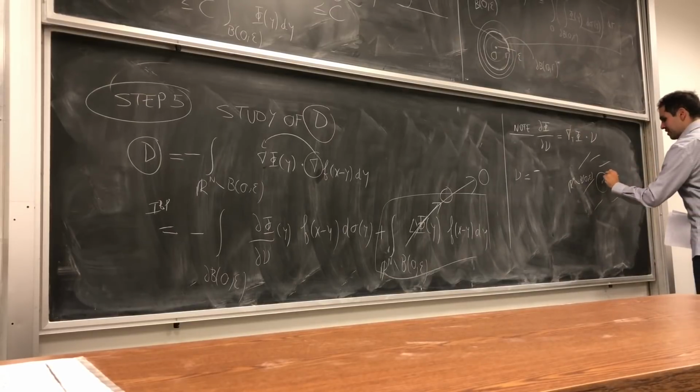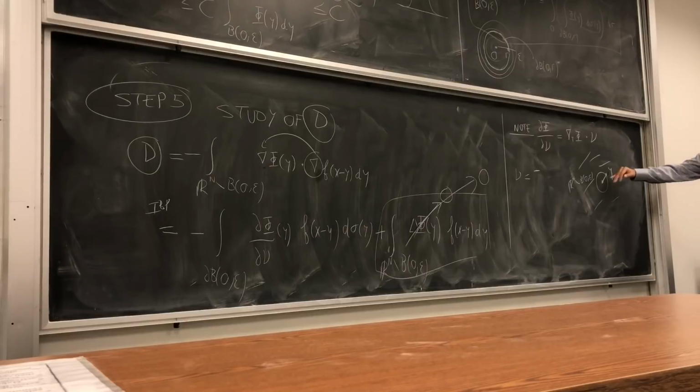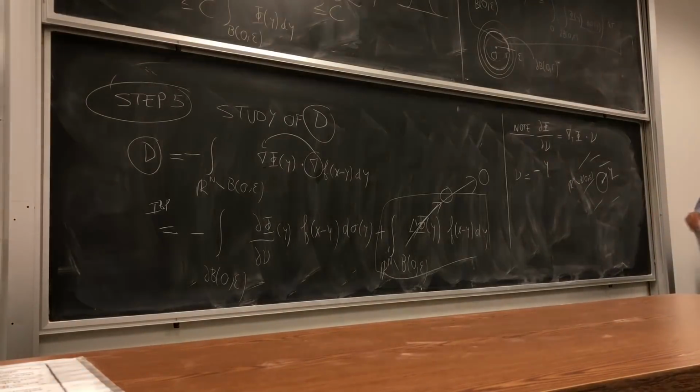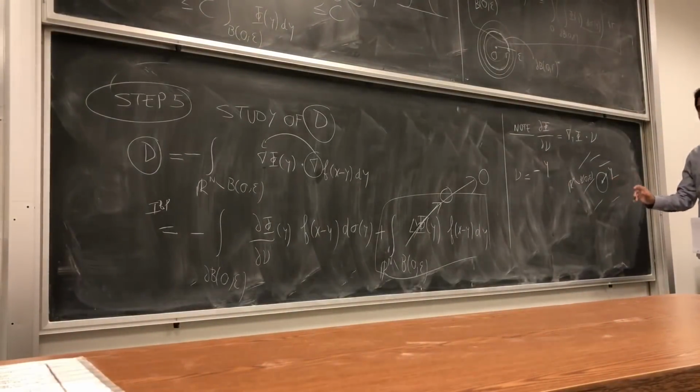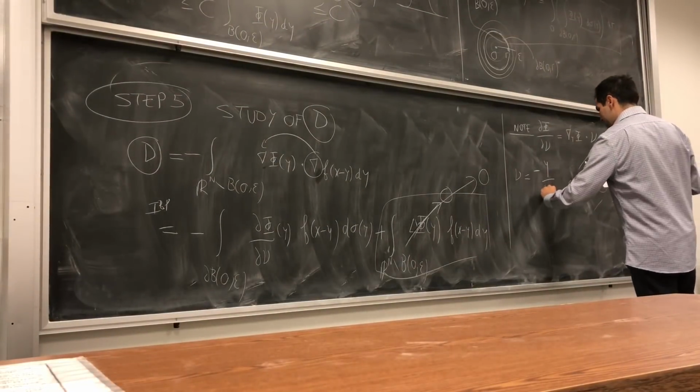That's the first thing. Second of all, given a point y, it points in the direction of y, so it's proportional to y. But finally, because we're dealing with a vector of length 1, we have to divide it by the length.